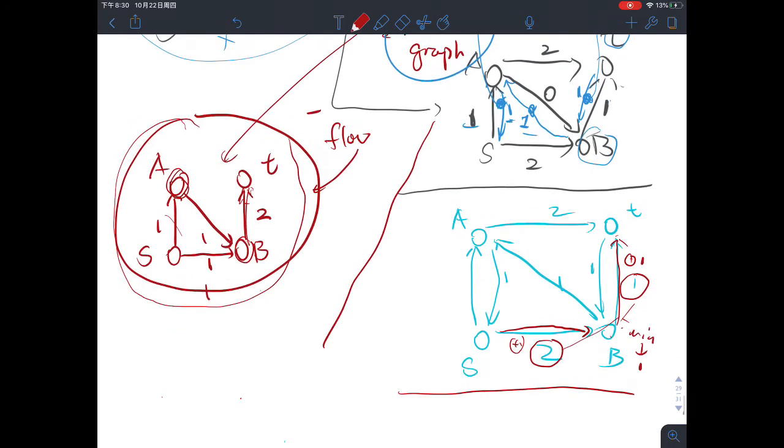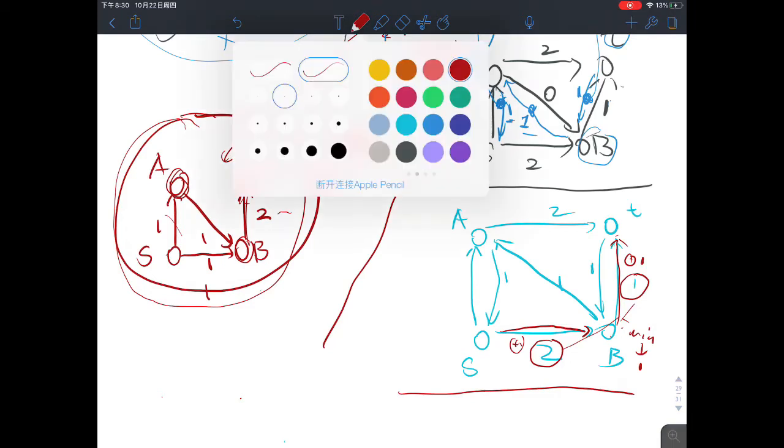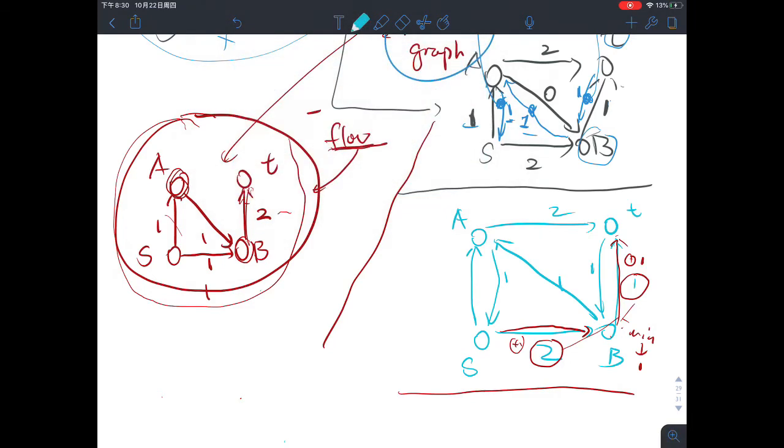When we draw the flow graph, we intentionally hide the capacity information, so there's no capacity information associated with this graph. On the other hand, when we draw the capacity graph, these are all the capacity information we need in order to continue to execute our algorithm. In this capacity graph, the flow information is not directly presented.